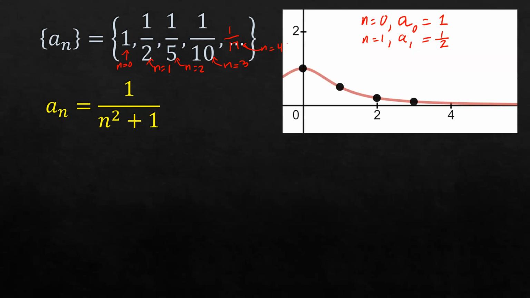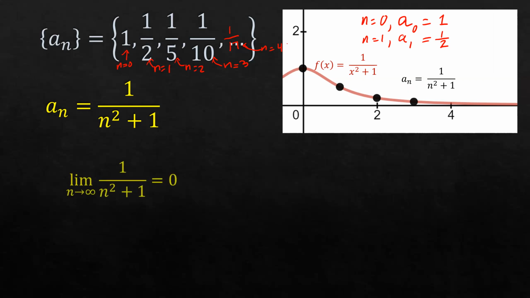Okay, so here is the graph of how that would look. And the dots are the sequence terms, and the red line or curve is the function 1 over x squared plus 1. So you can see again that the sequence behaves like the function.